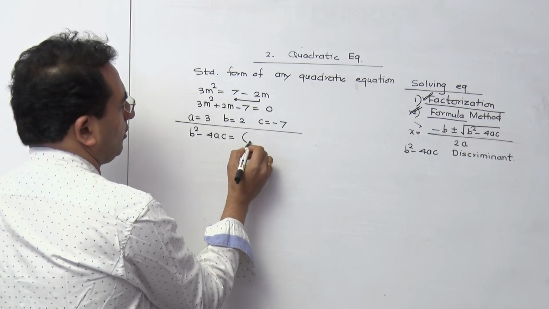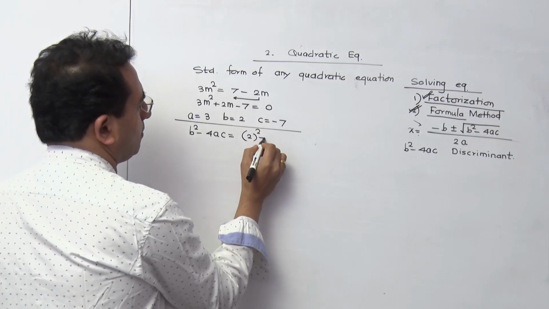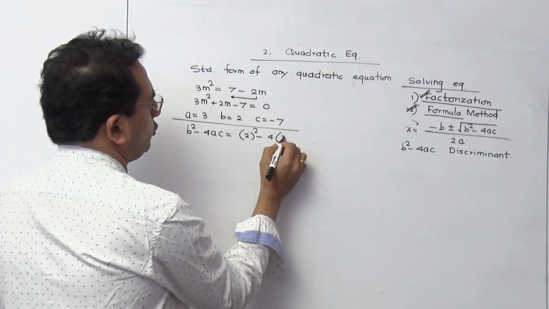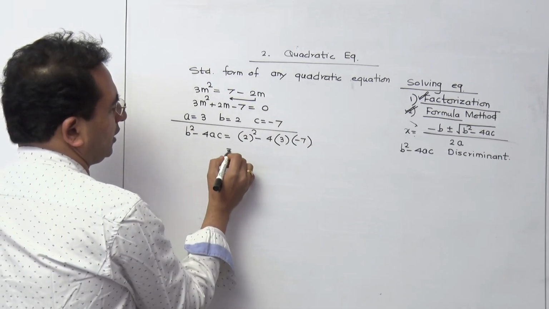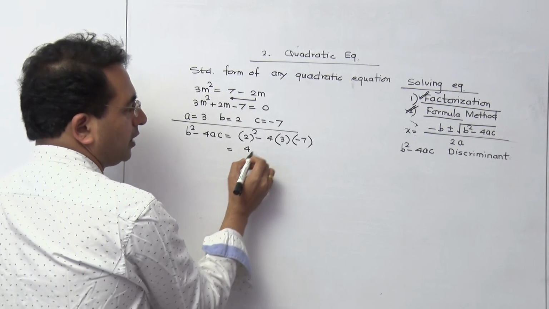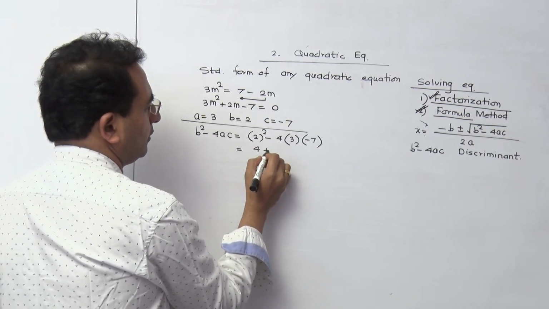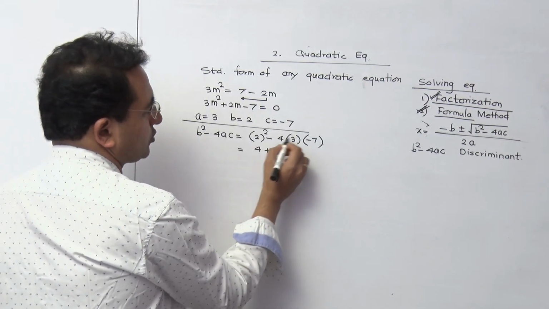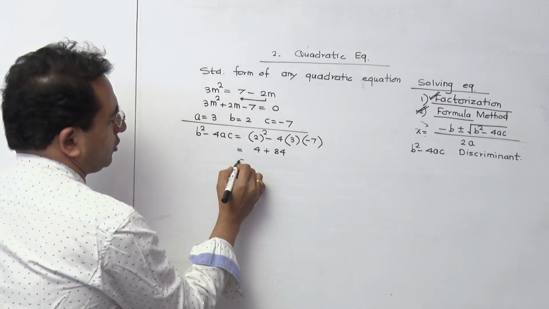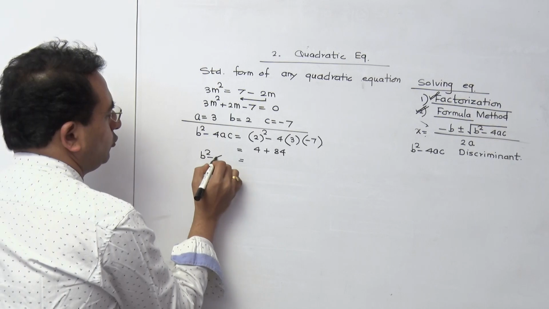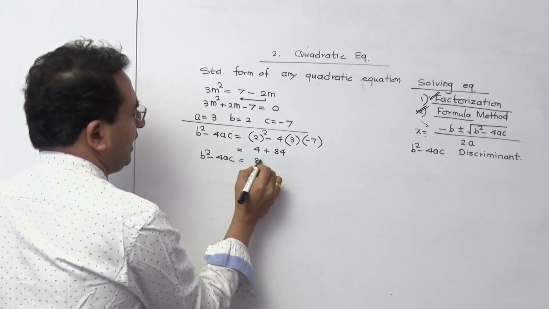That b square means it is 2 square minus 4 into a into c. So this one is going to be 4. Minus minus will be plus, and this one is going to be 84. And the answer of this discriminant value, we are going to get as 88.